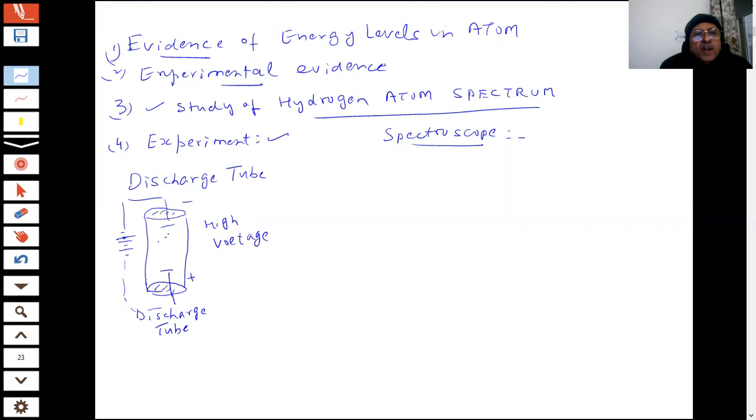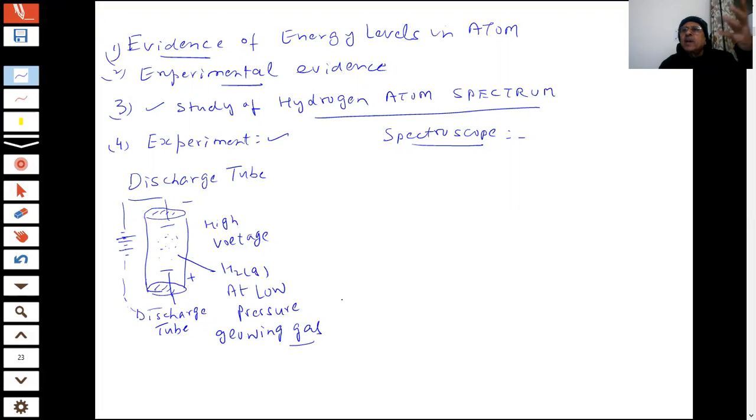Inside this is hydrogen gas at very low pressure. Pressure is very low, high voltage is applied, and what they observed was glowing of the gas.